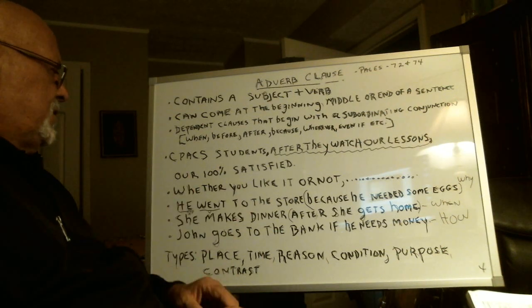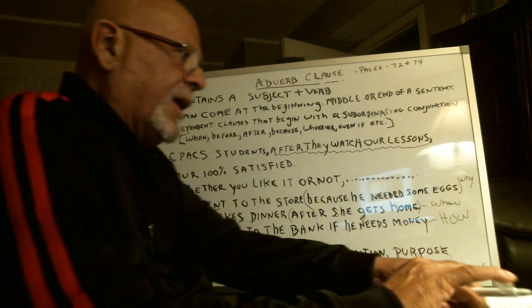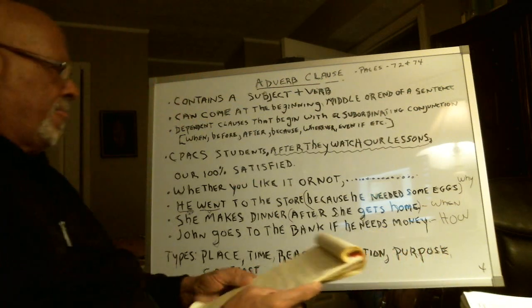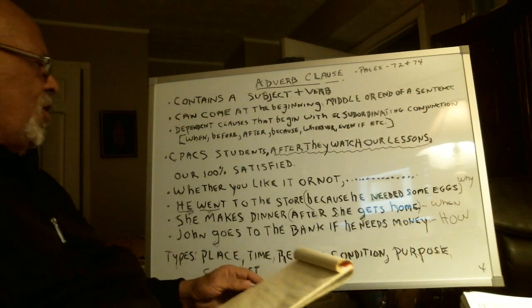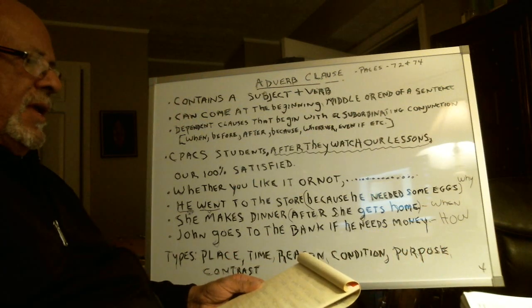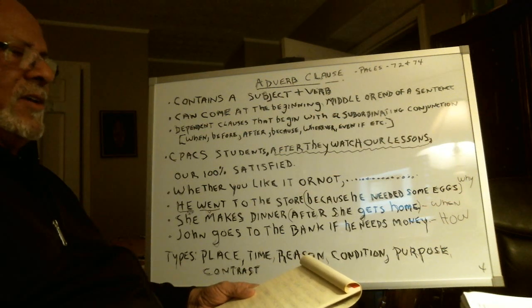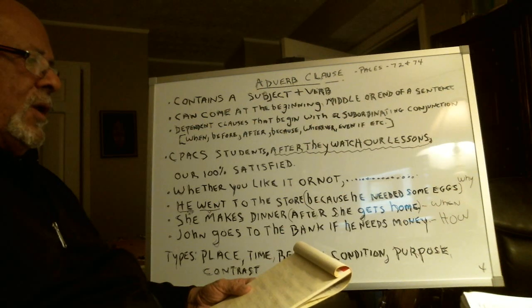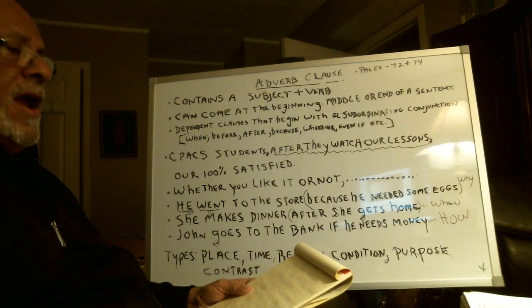Now, there's different types of adverb clauses. We have the adverb clause of place, and these are words that could be used in adverb clauses of place: where, wherever.